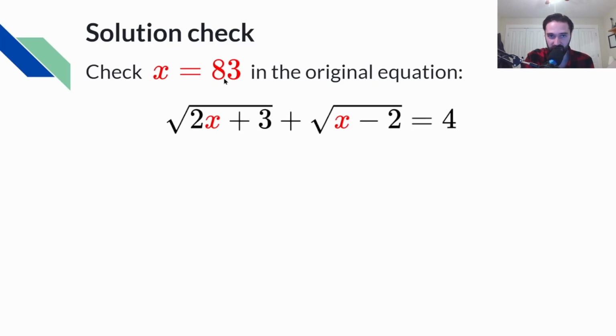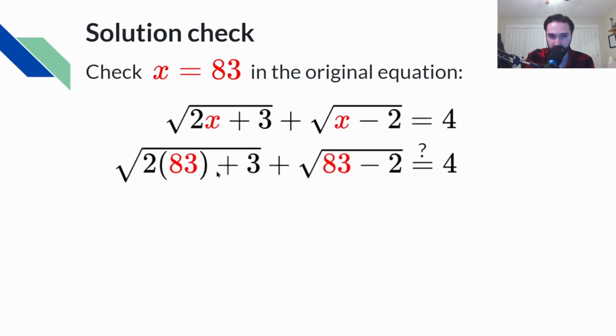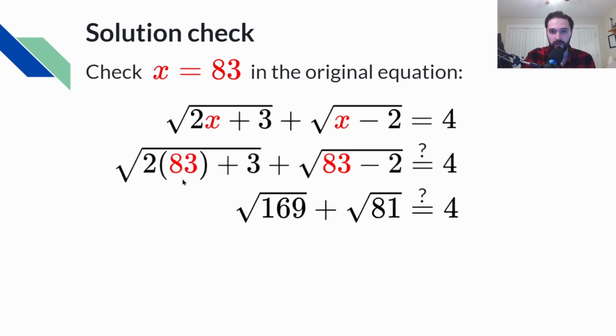Let's check x equals 83 now. We're going to plug in 83 everywhere we see x. So here we have this. Under the square roots, we get square root of 169 plus square root of 81.